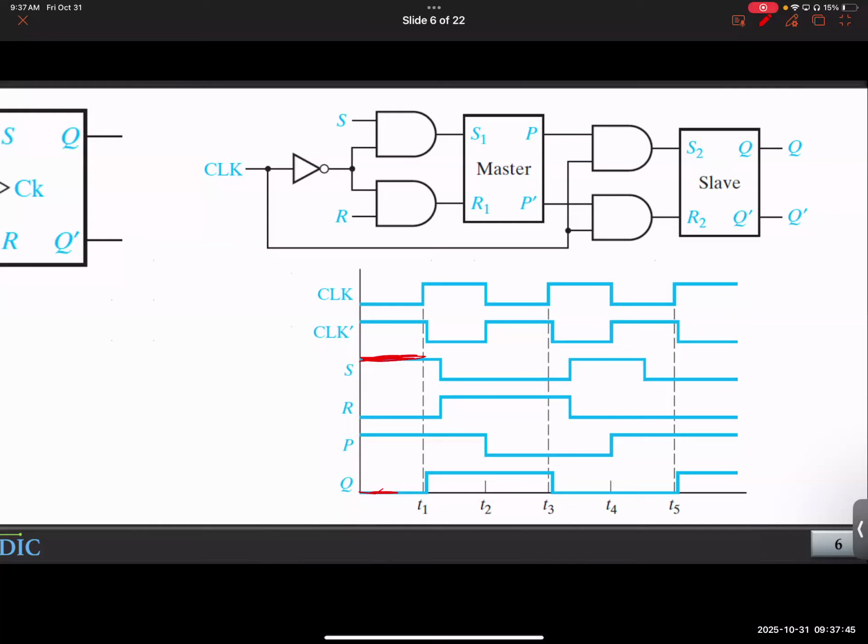So this is the rising edge of the clock, and at this edge it will look at the set and reset. It will see that set is 1 and reset is 0, so it will try to set the output to 1. And that's why the output is going to 1.